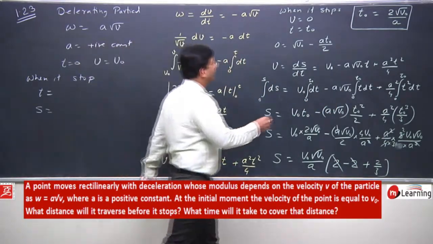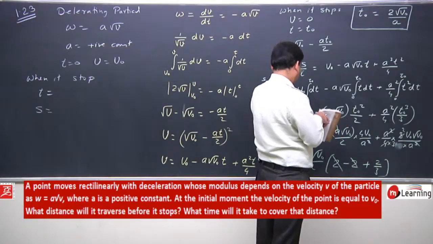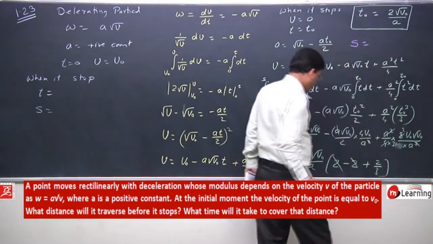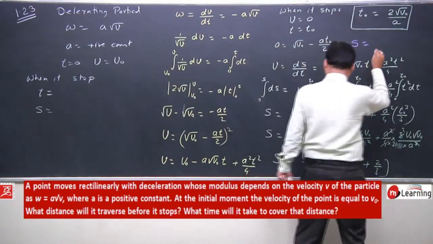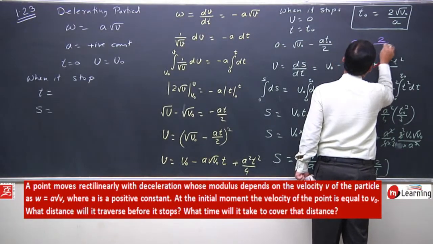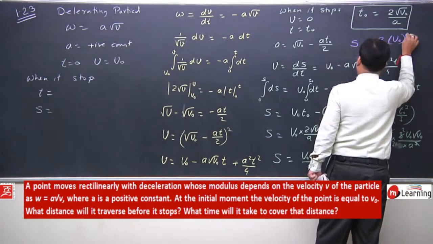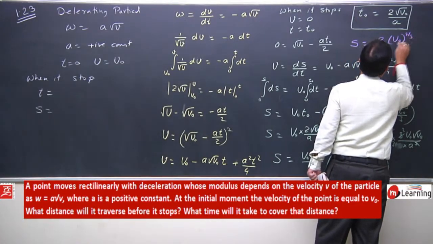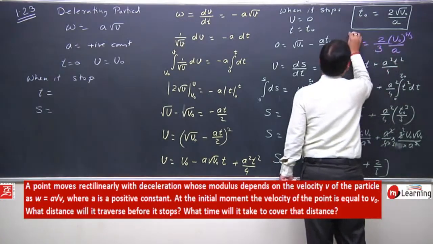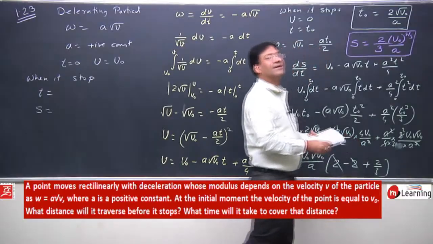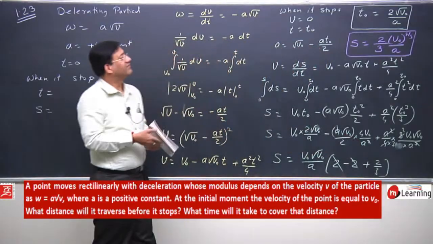So distance before it stops comes out to be 2 by 3 v naught to the power 2 by 3 upon a. This is the distance traversed by the particle before it stops.